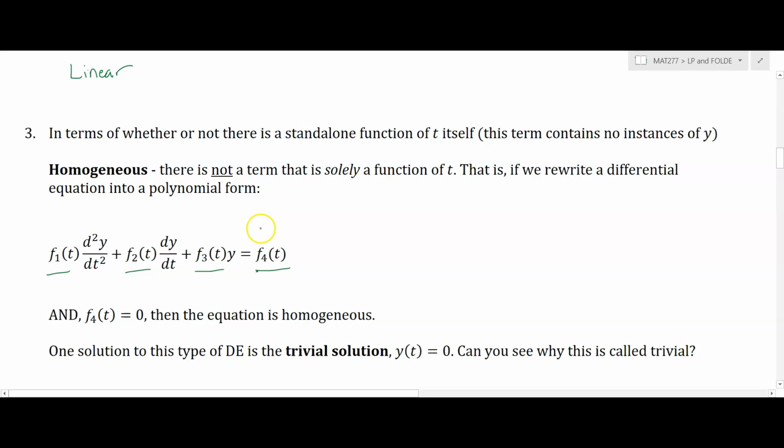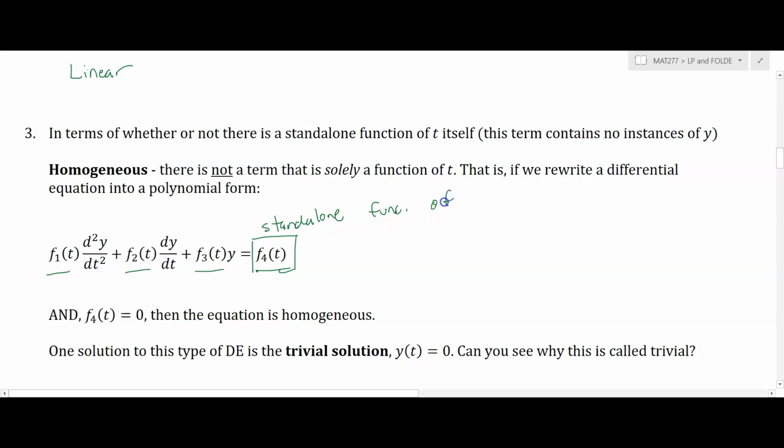So remember, functions can be constant functions. But functions involving a different variable other than t would not be categorized as an f of t. So in order for this equation to be homogeneous, we notice that this is a standalone function of t.